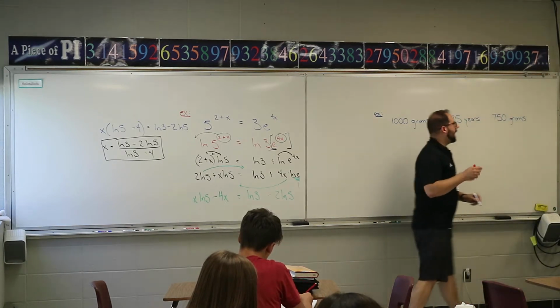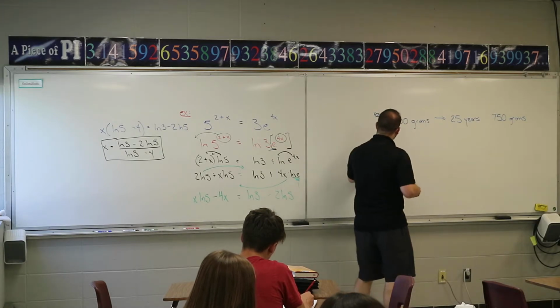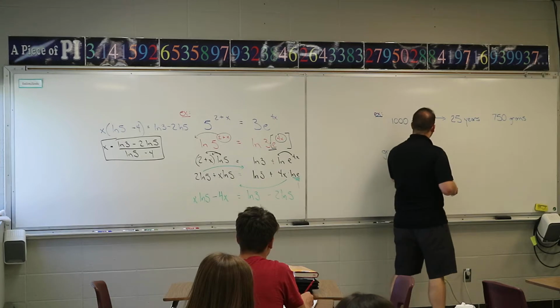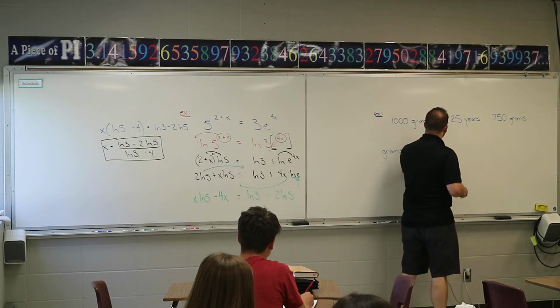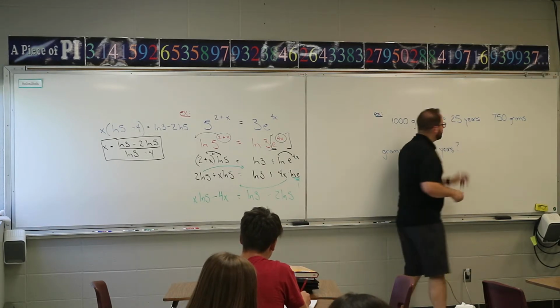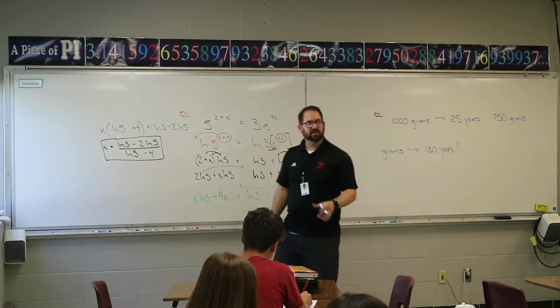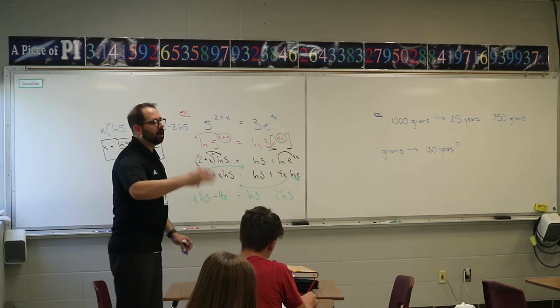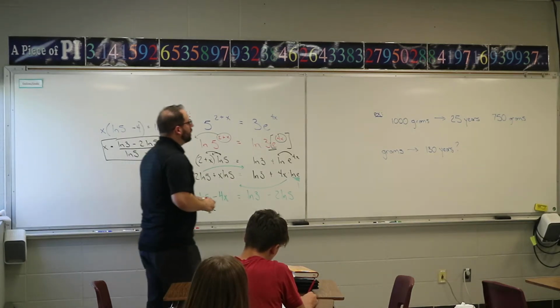What I want to know is how many grams are left after 130 years? Is there anything left? Will there be a small fraction? Yeah, that's what I want to know. I want to know how much is left off of that number. Okay?